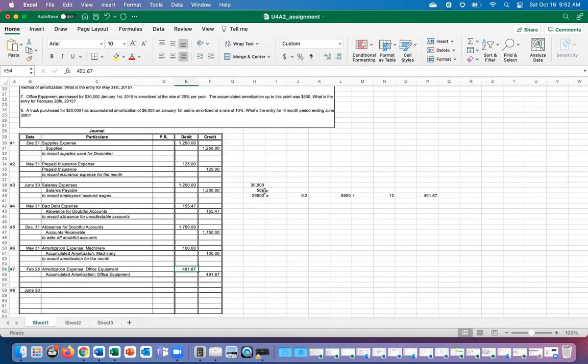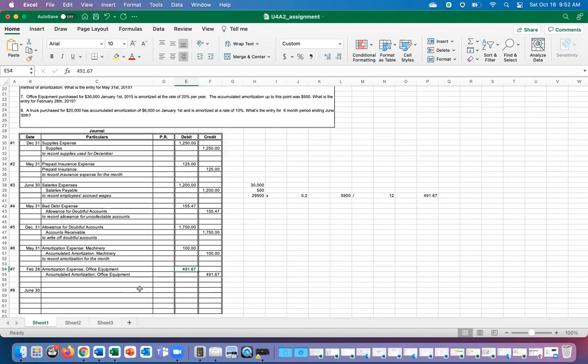So you'd have this $500 amount from January, 491.67 from February. You'd add those together, then you'd subtract them from the overall amount, and then you do what we did here again, and you get a new number that would probably be slightly less than this 491.67 amount. All right, so that's the difference in the straight line and the decline.